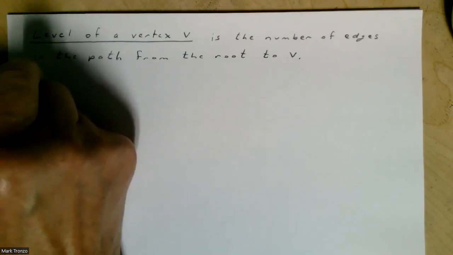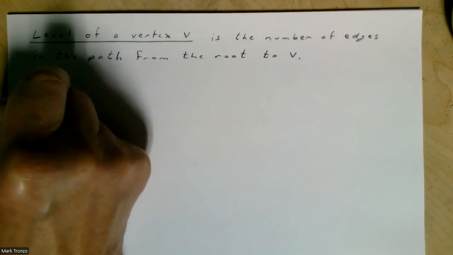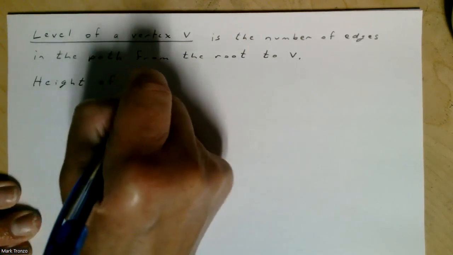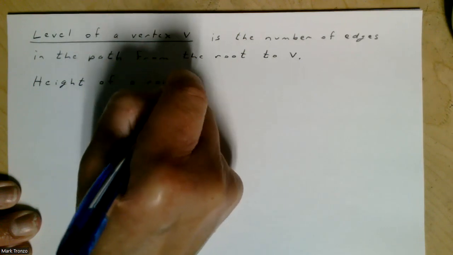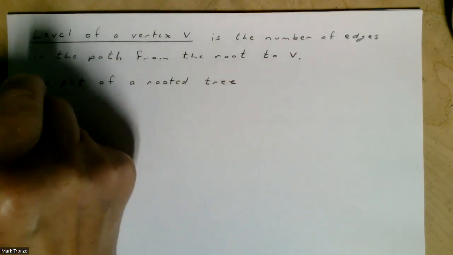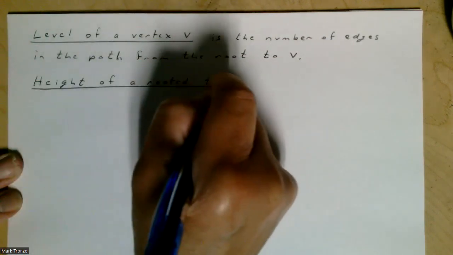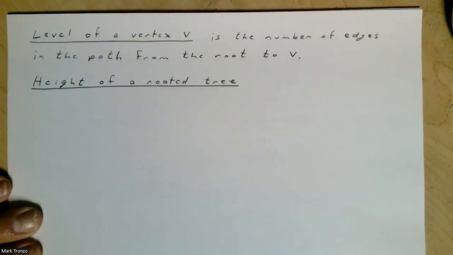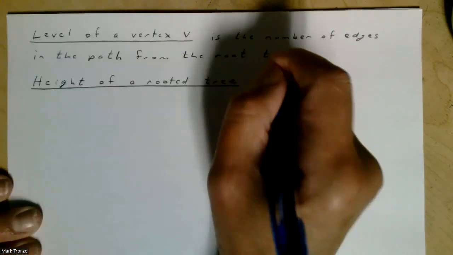Then the height of a rooted tree is the length of the longest path from the root to any vertex.